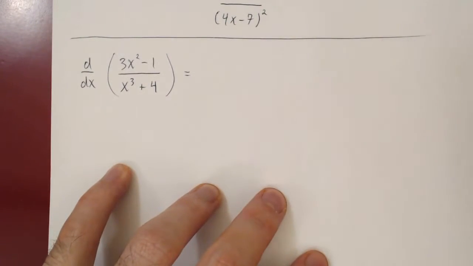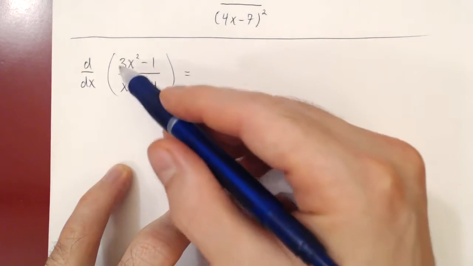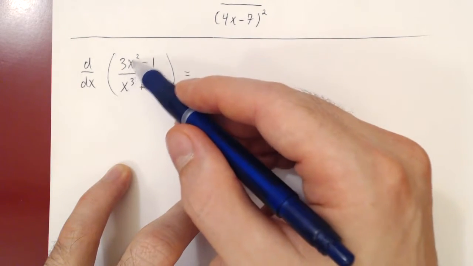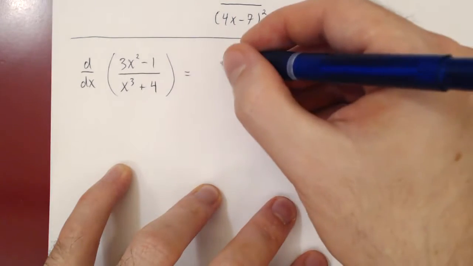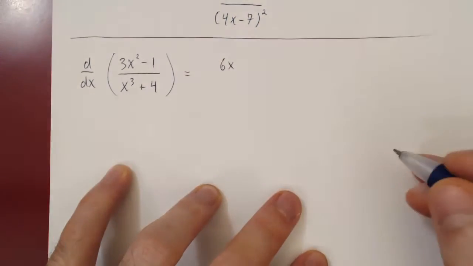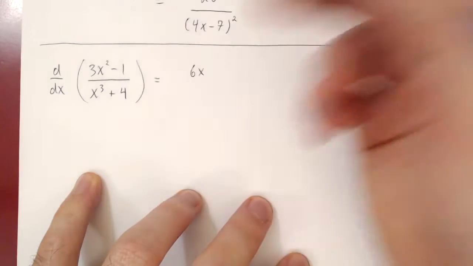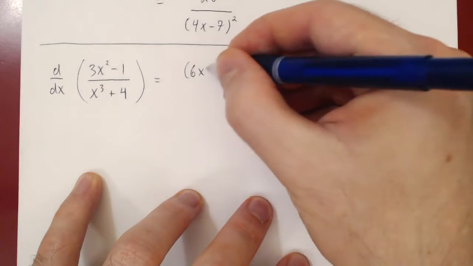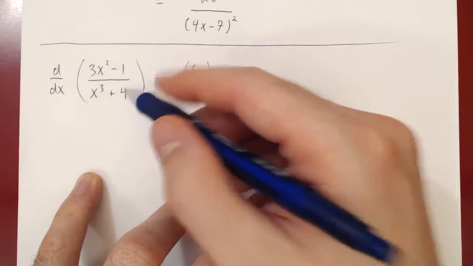So let's apply now the quotient rule one more time. The derivative of the numerator, this is 3 times the derivative of x squared, which is 2x. 3 times 2 is 6, so we get 6 times x, minus the derivative of 1, which is 0, so we just get 6x. The derivative on top is 6x times the bottom, x cubed plus 4.